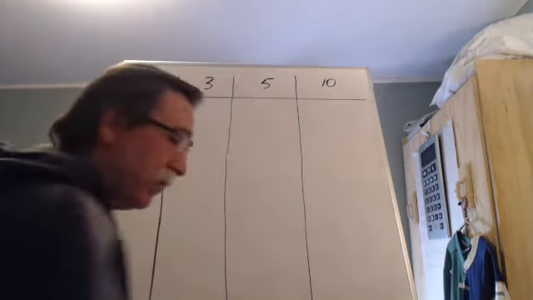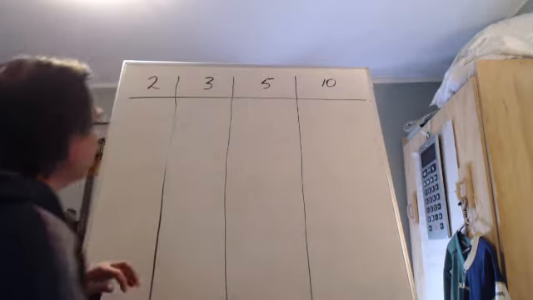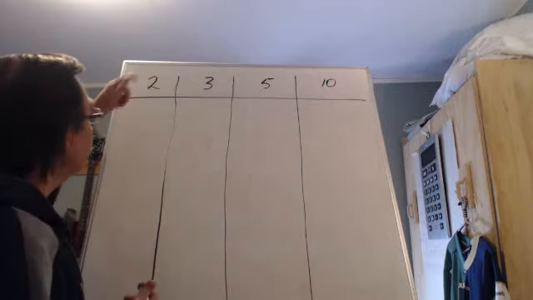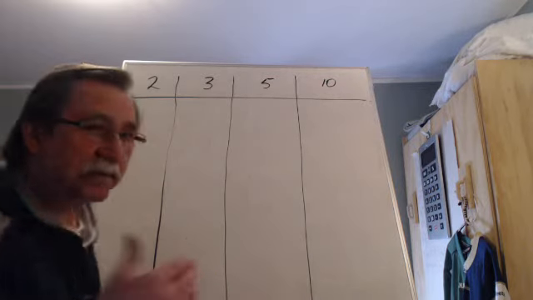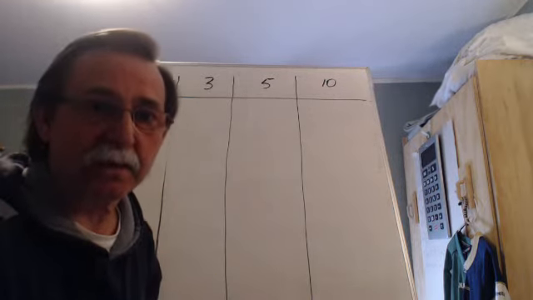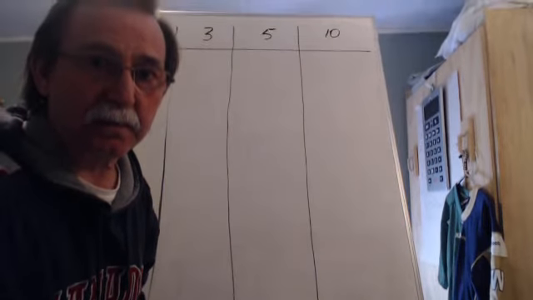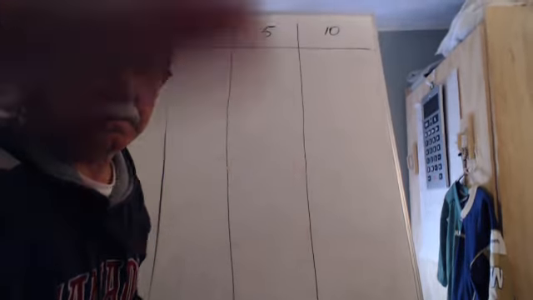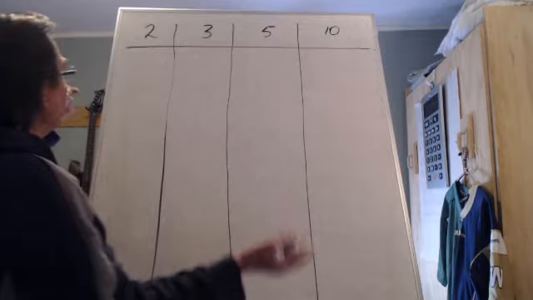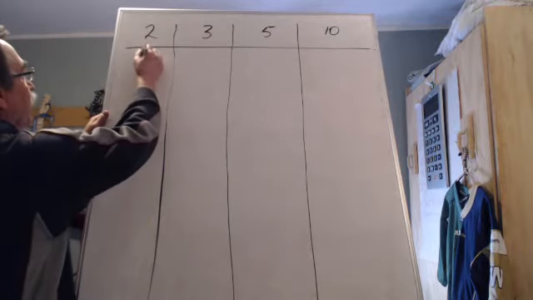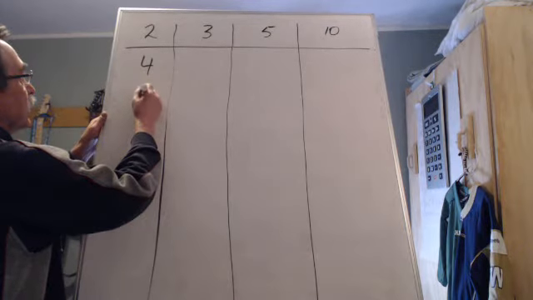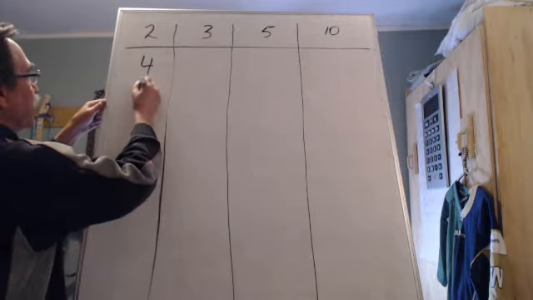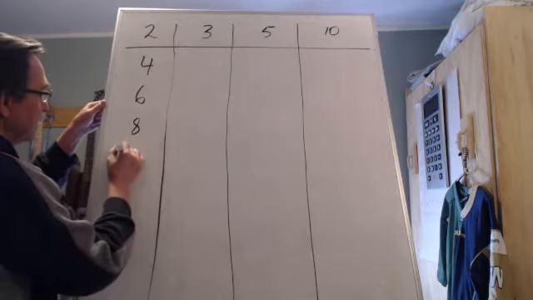I'll write them over here. So the 2 times table, we have 2. And let's just count by 2s and see where we end up. I'm going to just drop my camera a little bit. Okay, so what comes next? Well, 4. So 2, 4, 6, 8, 10.